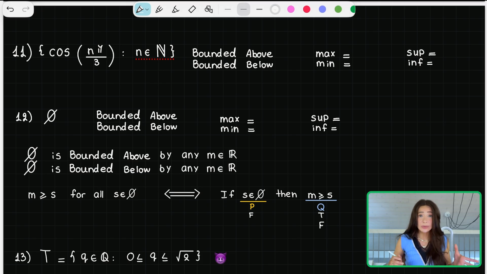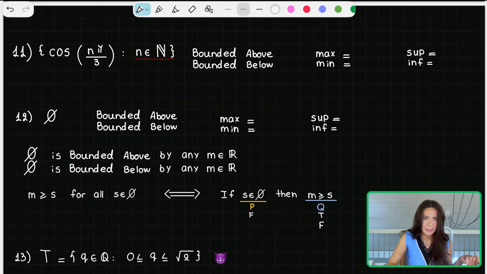So values that cosine gives you here are -1, -1/2, 1/2, and 1. Well, you're thinking about maximums and minimums, so forget about -1/2 and 1/2. Just think about -1 and 1.